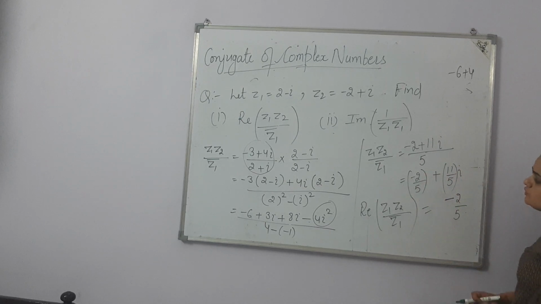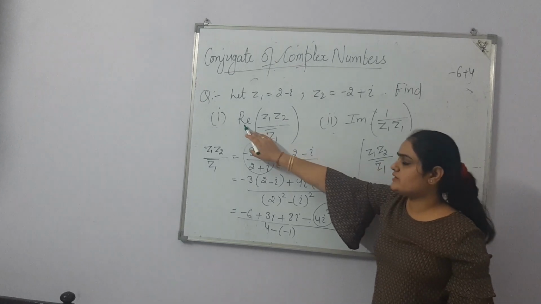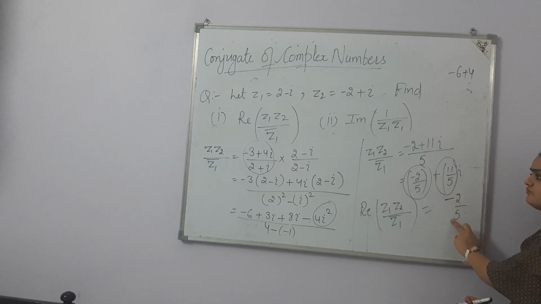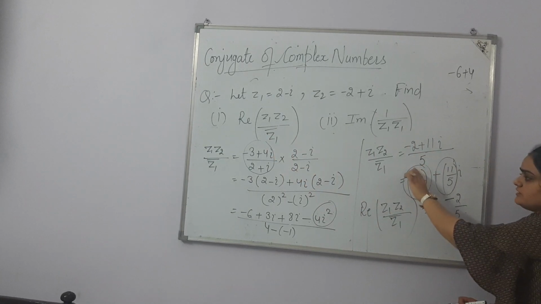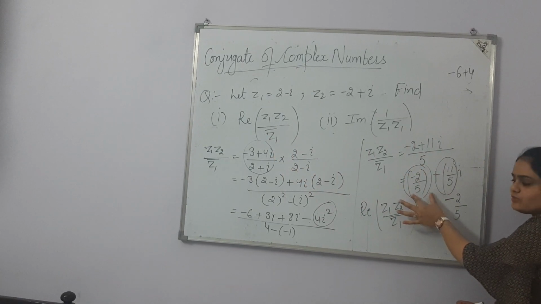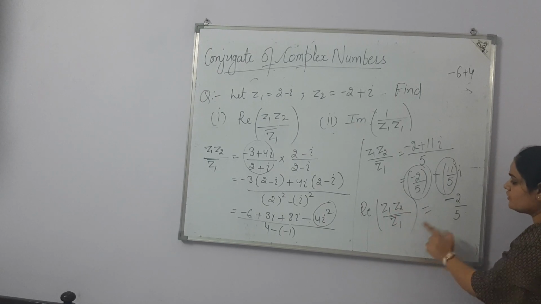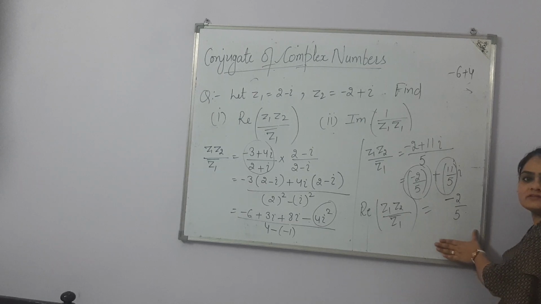So this is your real part, this is your imaginary part. If the question's requirement was the imaginary part, then we had to write 11 by 5. But if the requirement was the real part, it is minus 2 by 5. So the real part of z1 z2 upon z1's conjugate is equal to minus 2 by 5. Hope this question is clear to you.